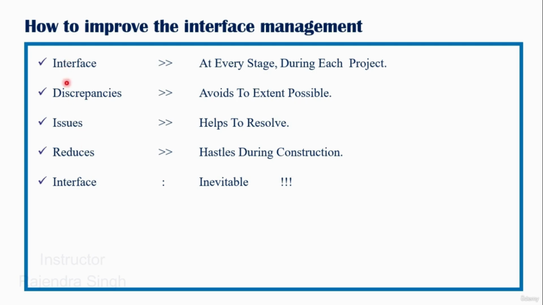So: interfaces at every stage, discrepancies avoided as much as possible, issues resolved at the earliest, which will reduce the hassle during construction. Interfaces will be inevitable and are of paramount importance.